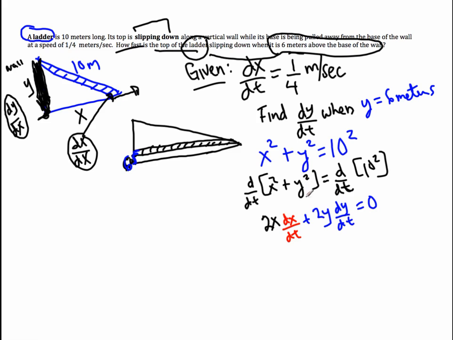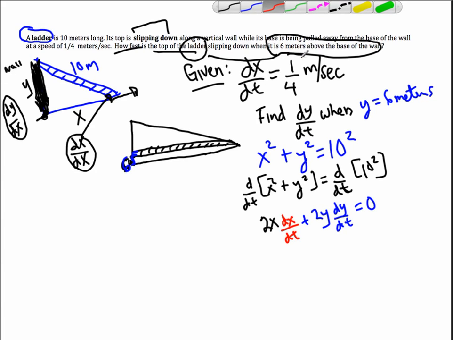What information do I know that I can substitute? I know dx/dt, it is 1/4. Do I know x? No. Do I know y? It is 6 meters. Do I know dy/dt?